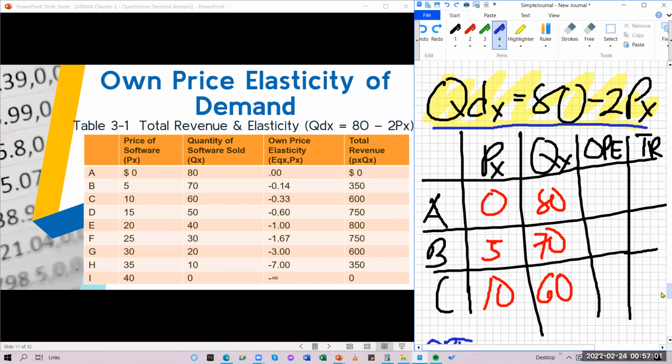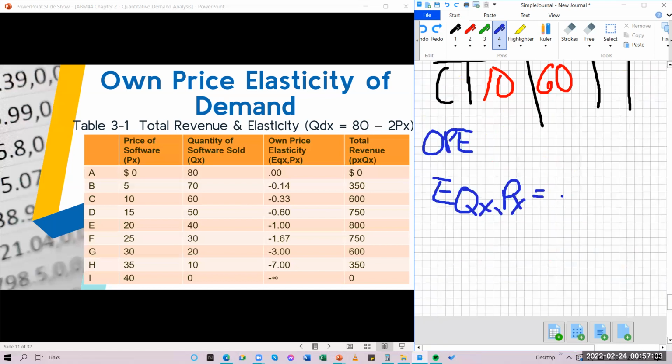With that, we will have a negative 2 here multiplied by PX over QX. So this would be our formula, in which let's have the first example.